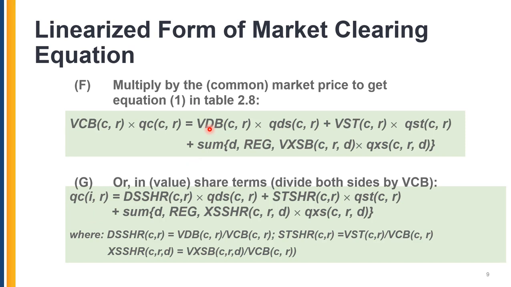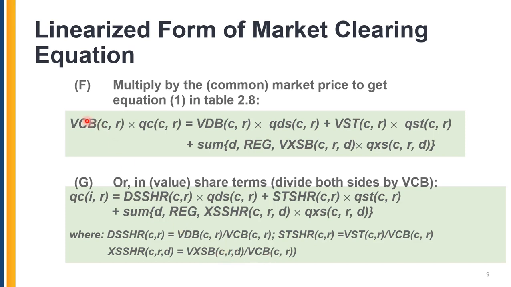Now, when you divide by VCB here, you end up with VDB over VCB, and that's just the share of the supply that is sold into the domestic market. When you divide VST by VCB, you get the shipping and transport share. And then here, you get the share to any one destination, VXSB over VCB.